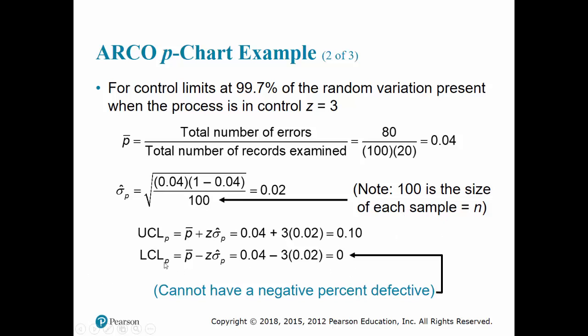Remember, because sigma sub P is based on fractions, it's possible that the lower control limit may compute to a negative number, and that's not possible. A proportion cannot be negative. So if this number calculates to be negative, you have to round it up to 0. You can't leave it as negative; that would be wrong.